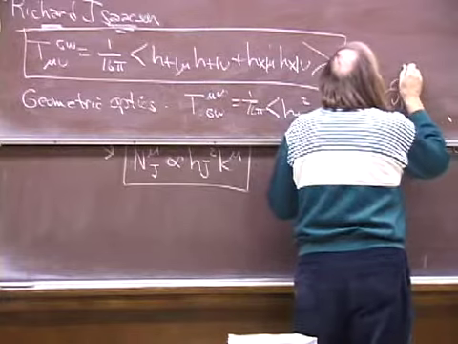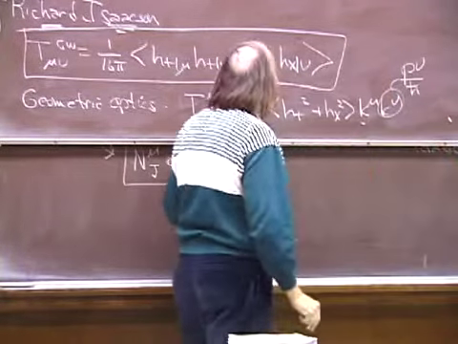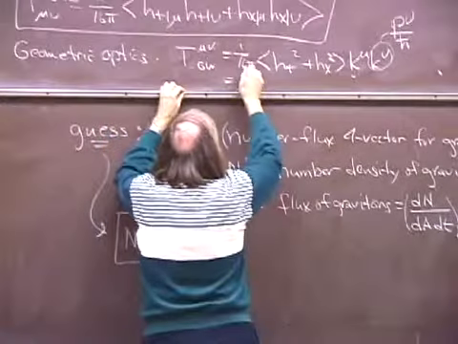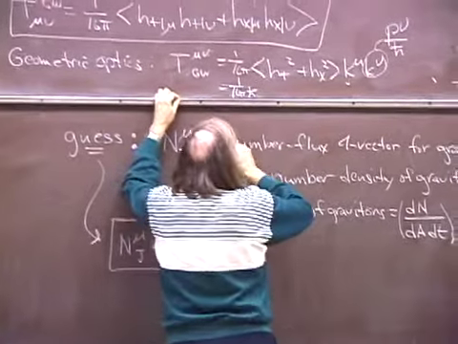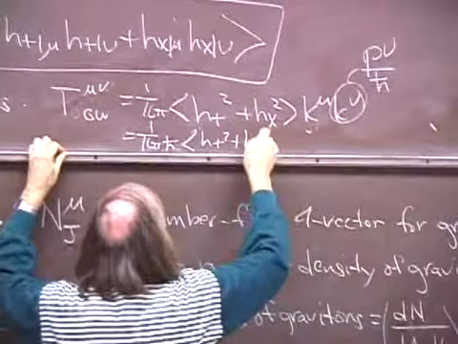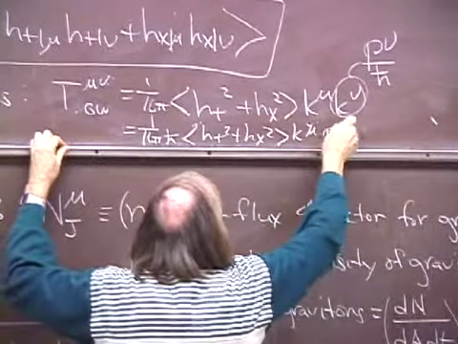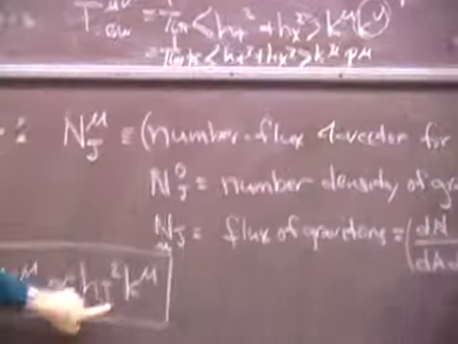If I now note that k nu is the four-momentum of a graviton divided by h bar, I can rewrite this as 1 over 16 pi times Planck's reduced constant times h plus squared plus h cross squared, k mu p nu, which is just the form that I had down here.